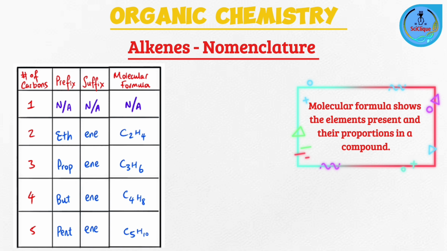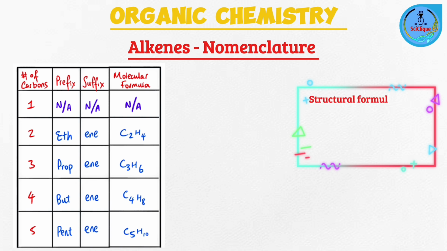And we also have this specific number of atoms, 2 carbon atoms and 4 hydrogen atoms. Now, if you have the name of an alkene and you know the general formula, you can easily get the molecular formula, okay?